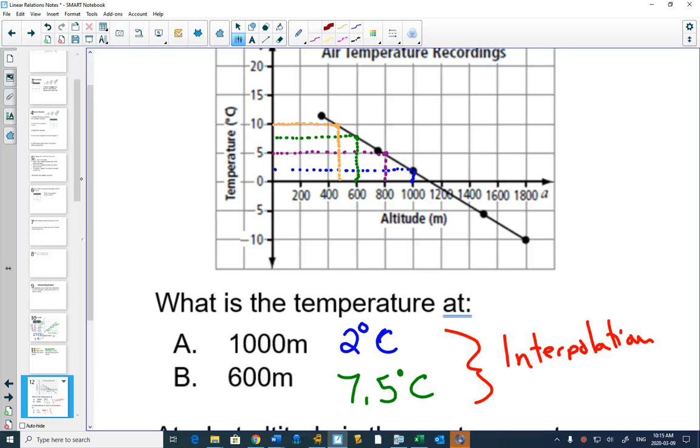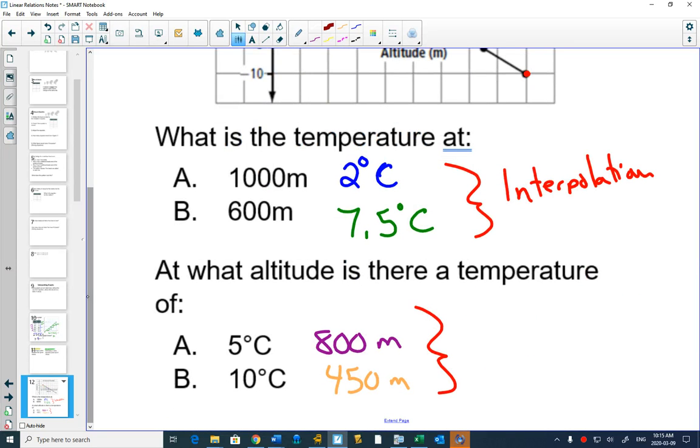So I guess one way that you can sort of see this and figure it out: this is where my data started at this red point, and this is where my data ended. So anything that hits the black line is in those 2 points. So again, both of these ones are going to be interpolation.